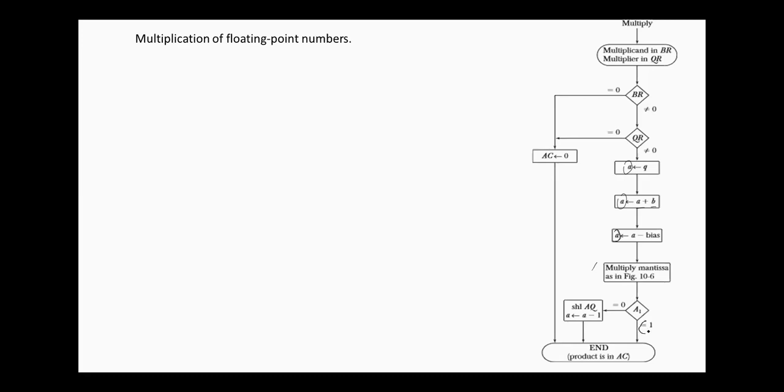If it is 1, then we are done and we have a normalized result. And if A1 is 0, then we have to shift left AQ registers and decrement the exponent by 1. And here only one normalization is required.